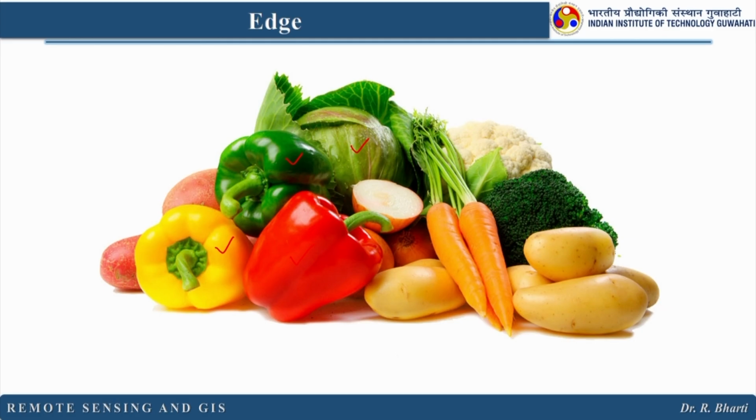Because we have the edges. We can easily find out this is the edge between these two, this is the edge between these two, right? Because of the change in intensity, color and texture, there are many parameters, surface orientation. Everything is involved together, and then we are able to see these edges. So this is a very good example to understand what we mean by edge.